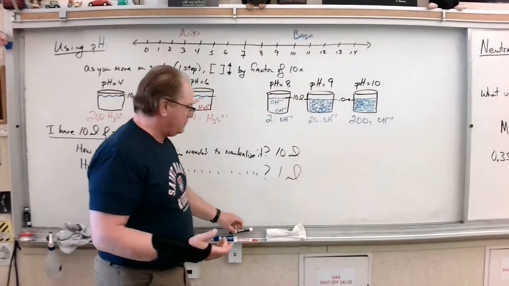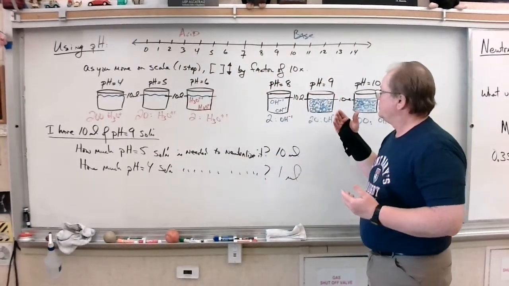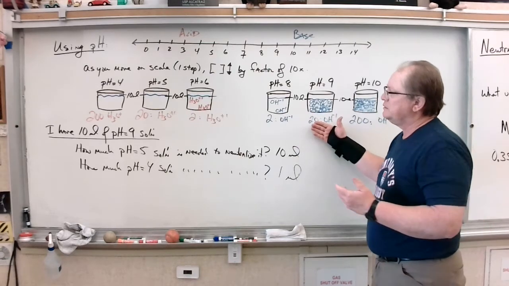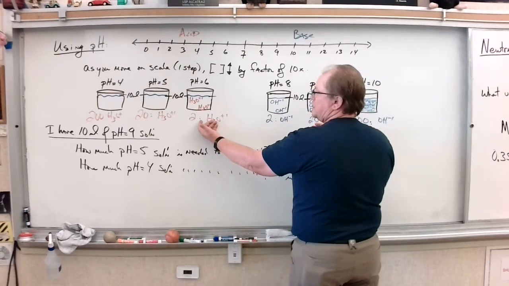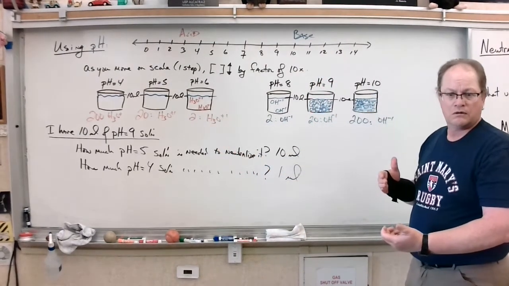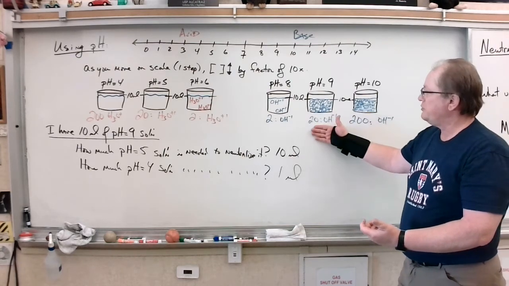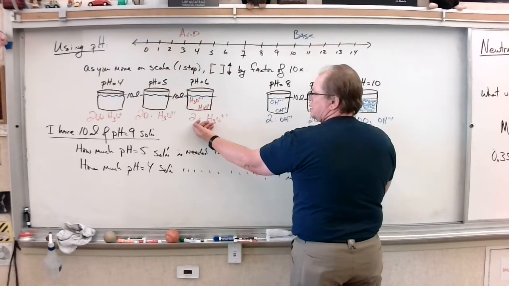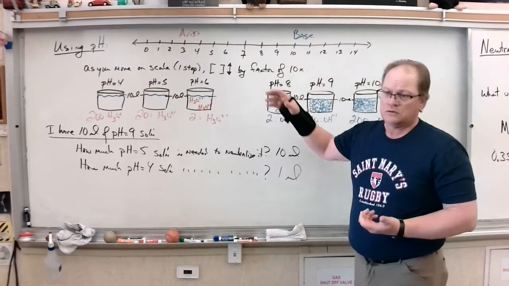Hey, what would happen if I took 10 milliliters of 9 and 10 milliliters of 6 and put them together? Would it be neutral?